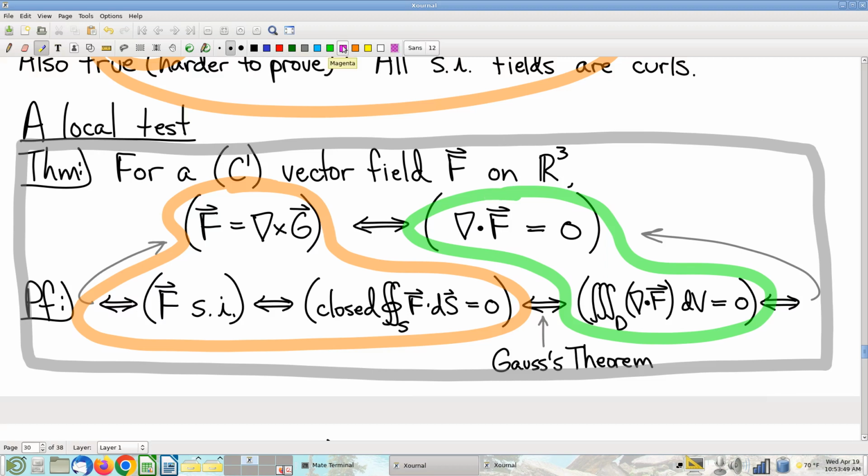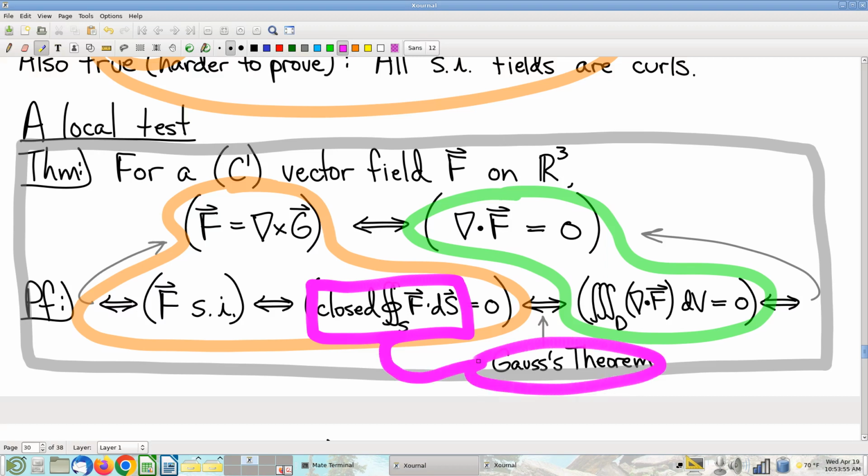Well, you can almost guess from the page. I would need a relationship between boundary fluxes and triple integrals of divergence. Conveniently, we have just such a theorem. The theorem relating triple integrals of divergence with closed boundary fluxes is the divergence theorem, Gauss's divergence theorem.